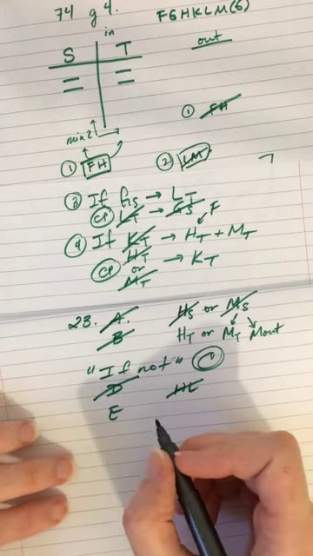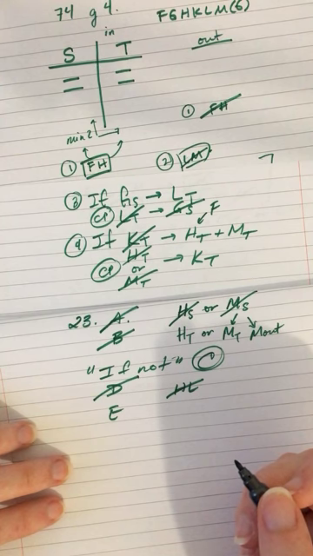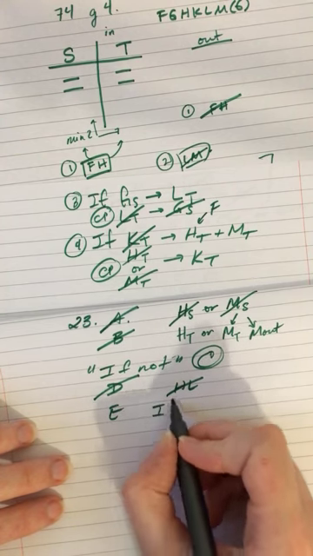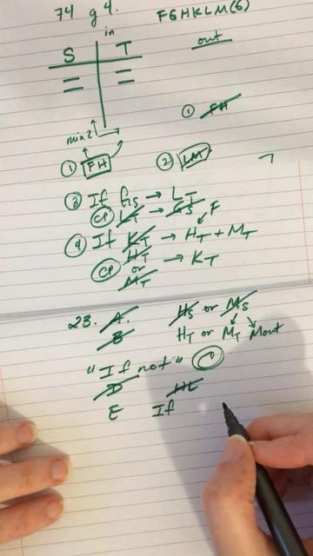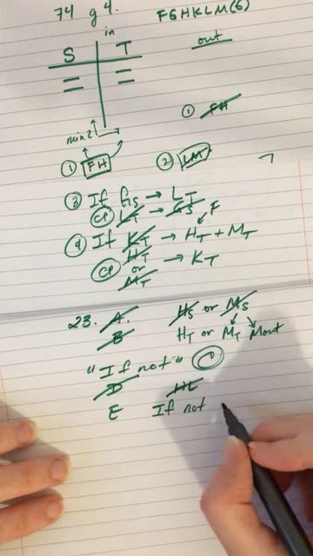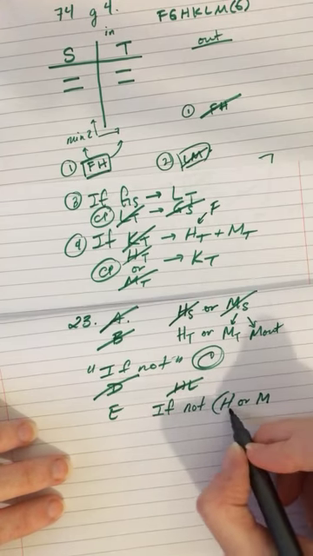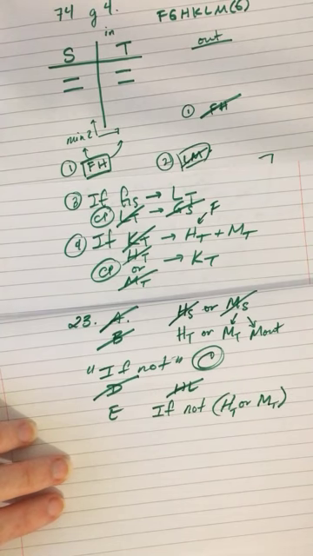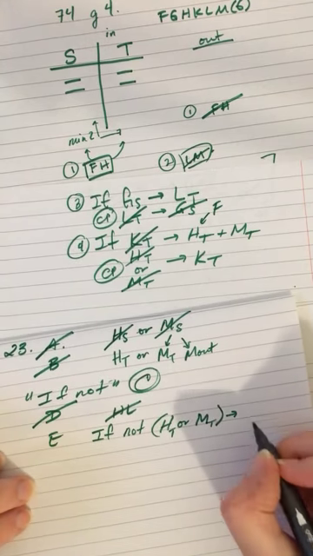So unless either H or M is assigned to T, K must be assigned to T. Okay, so if we don't have either H or M, if not H or M assigned to T, then K is assigned to T.